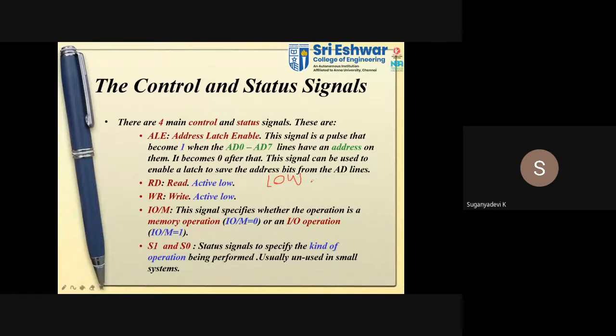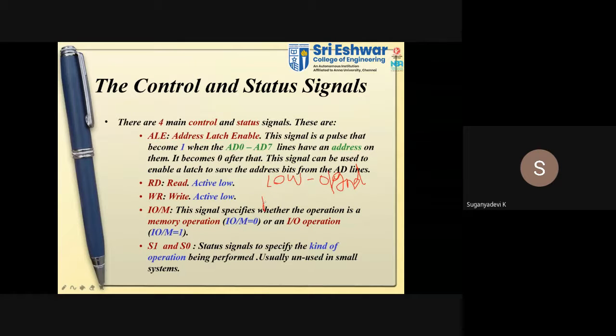Low in binary we are going to give 0. In case of a microprocessor, it is equivalent to the signal ground, 0 or ground.